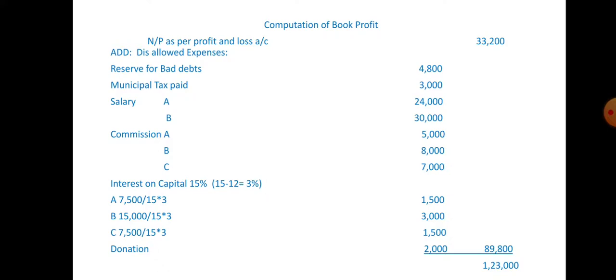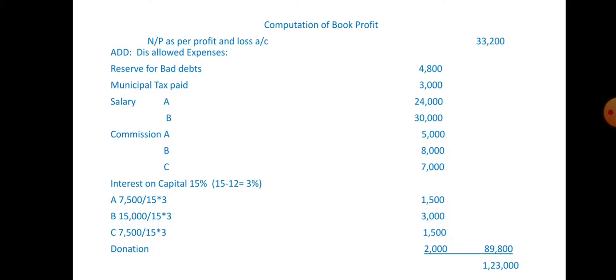You take commission, interest on capital. See here, you take 15 minus 12, you will get 3%. To calculate, you take 7,500, that is for 15, divided by 15, into 3. How much for 3%? So you get 1,500. And for B you get 3,000, and for C you get 1,500.